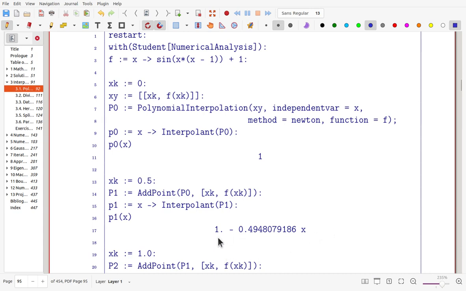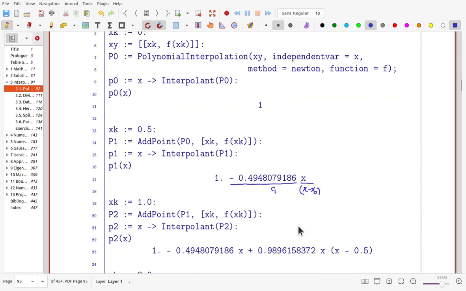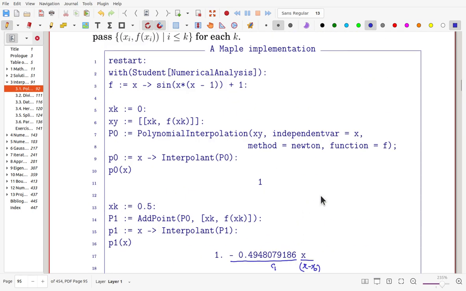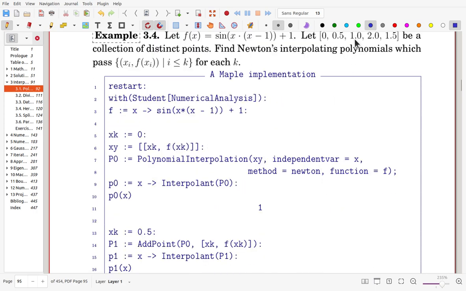That is now c0, and there's a c1. This portion is here c1, and that one is now x minus x0. x0 is 0, so we have c1 x here. Okay. Now x2.